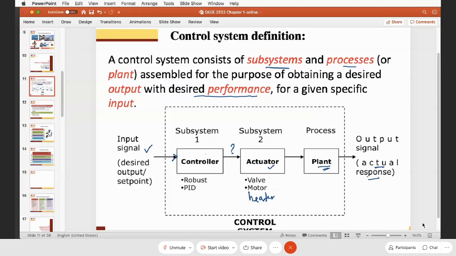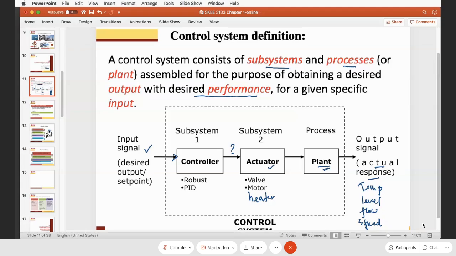Maybe if your system is to control the temperature, your output will be temperature. Maybe your output is the level of water. Maybe flow of water. So whatever output that we need, that is the actual output of your system. Actual speed of your fan. That is the output from your system.